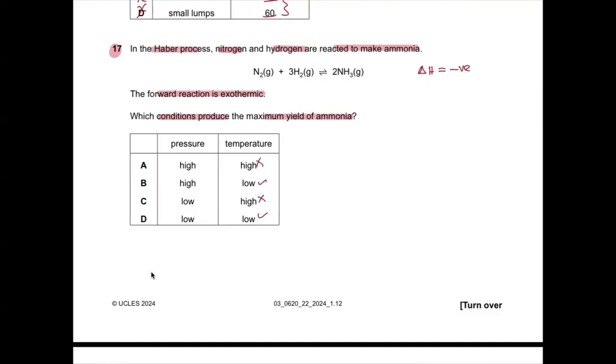At higher temperature, the equilibrium shifts towards the left, and we will get less product. There are 2 moles of gas over here and 4 moles of gas over here. At a higher pressure, the equilibrium shifts to where there are fewer moles. So D goes wrong, because low pressure shifts the equilibrium to where there are more moles of gas. So when we use low pressure, the equilibrium shifts towards the left and the yield of ammonia decreases. So B is the correct answer.